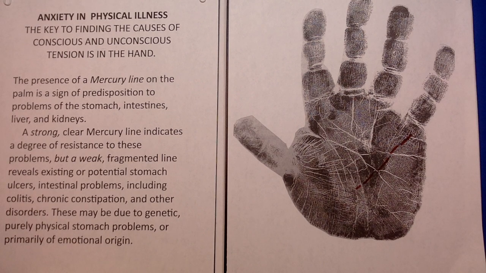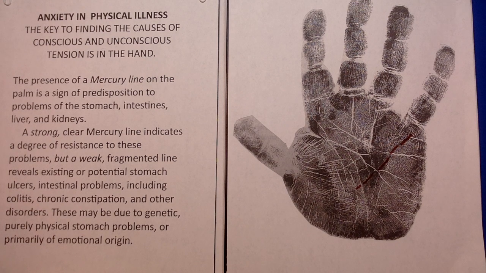Let's continue. But a weak, fragmented line, as I showed you, reveals existing or potential stomach ulcers, intestinal problems, including colitis, chronic constipation, and other disorders. Okay?